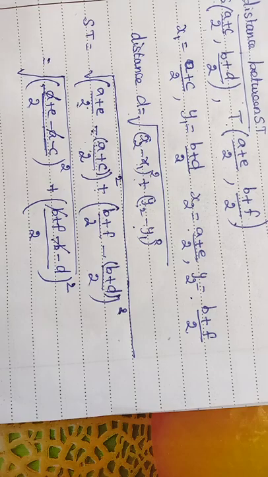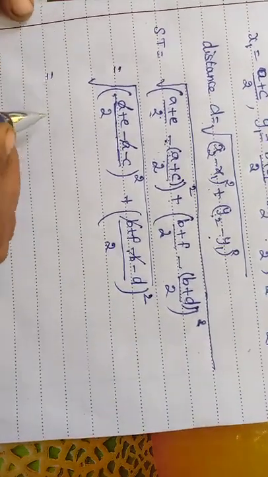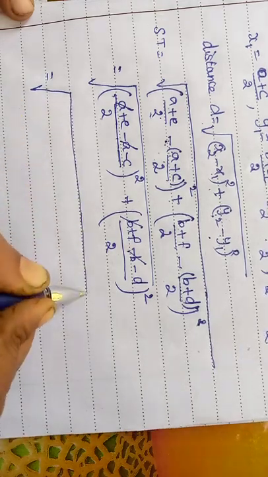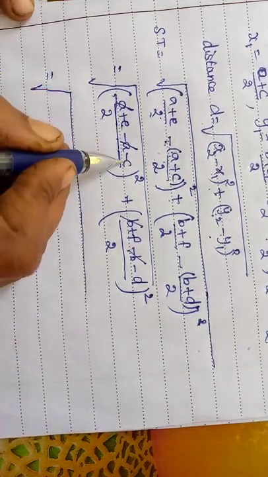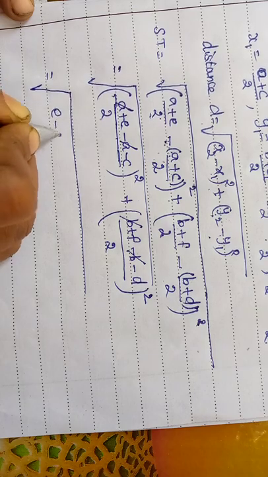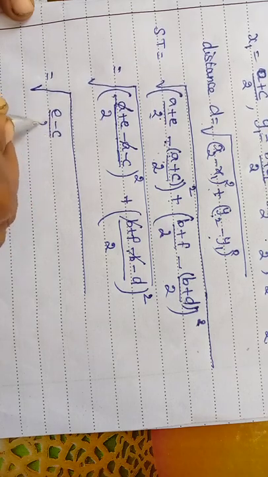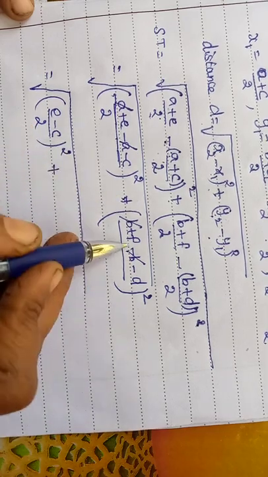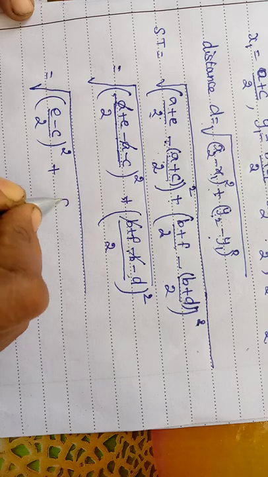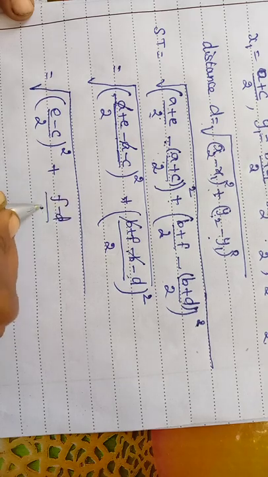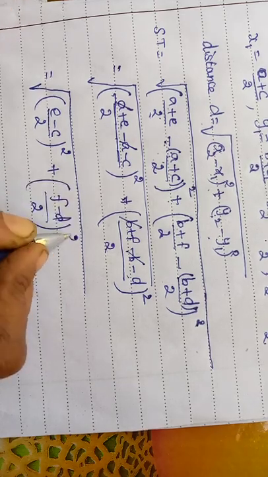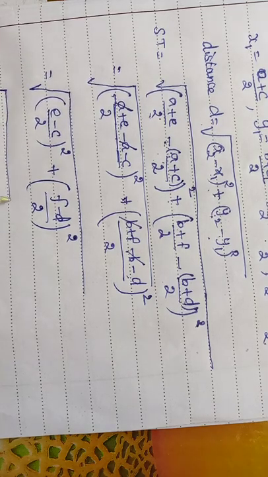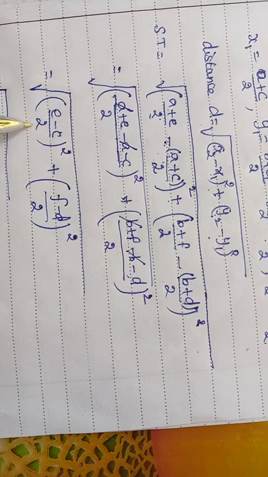That is equal to square root of E minus C by 2 the whole square plus F minus D by 2 the whole square. That is equal to square root of, now let's take numerator and denominator separately.